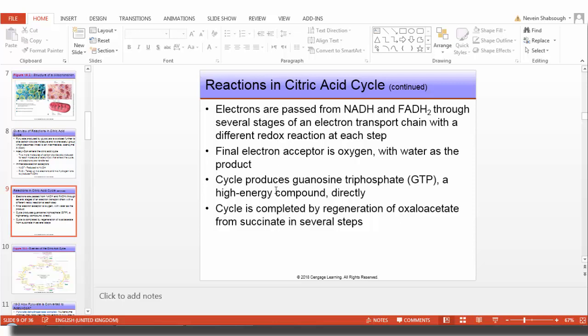Now the cycle also produces GTP, a high energy compound, directly, and this is equivalent to ATP. And then the cycle is completed by regeneration of oxaloacetate from succinate steps.